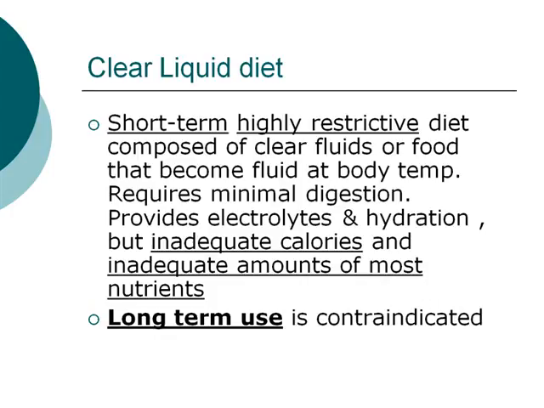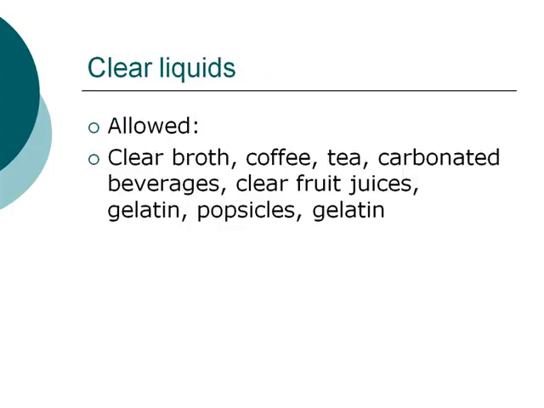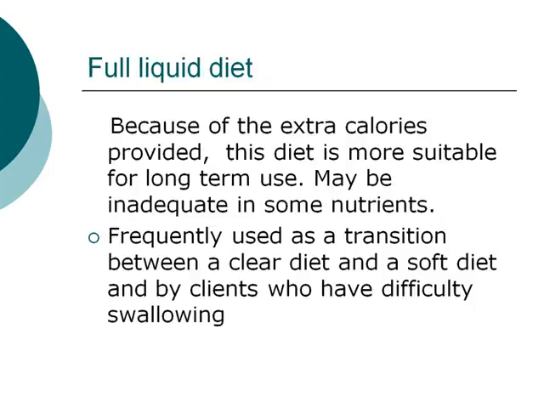These require very little work on our part to digest them, and they provide hydration and some electrolytes, but they don't really have enough calories for most people. So you do not use clear liquid diets long term. Things like coffee, tea, popsicles, clear fruit juice such as apple or grape can be offered in clear liquid diet.